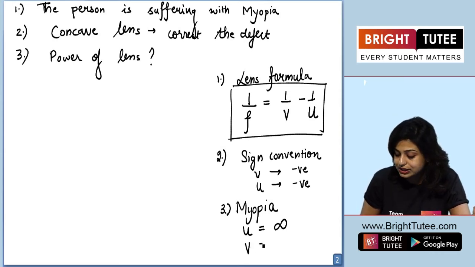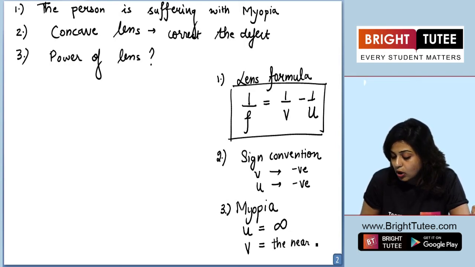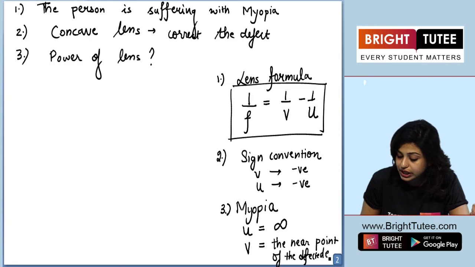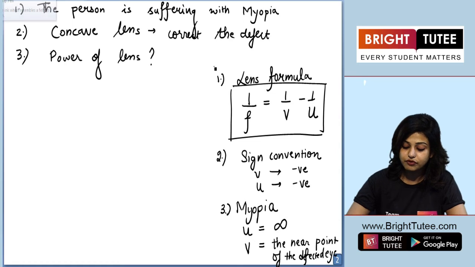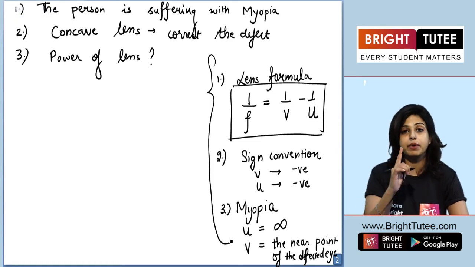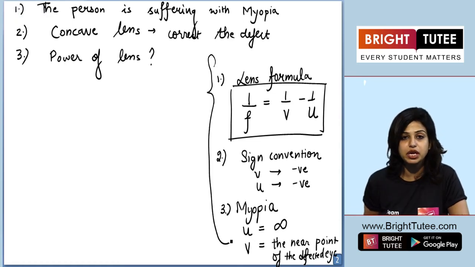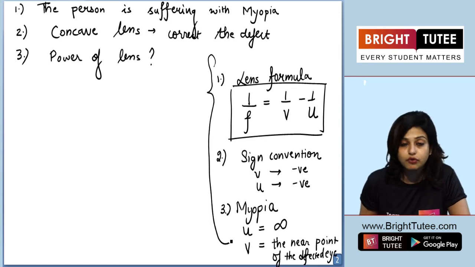And the v is given as the near point of the defective eye. So these are the assertions that are very important for you to remember. Now using this information, we are going to find out the power of the lens.